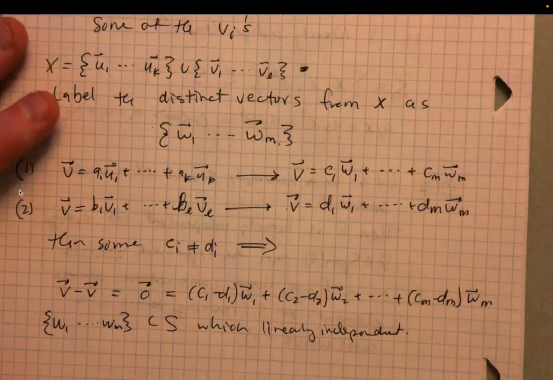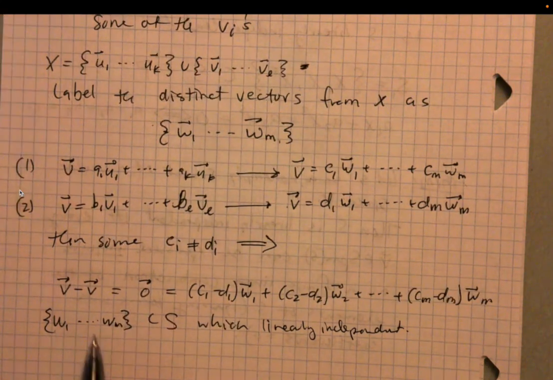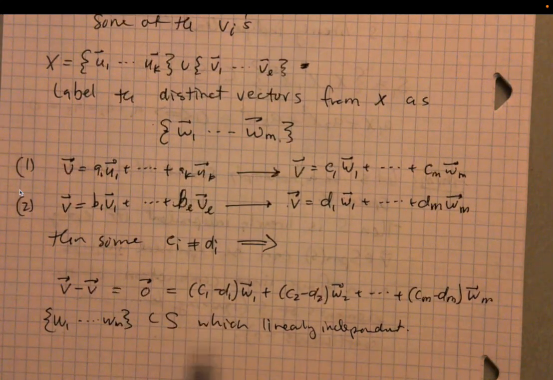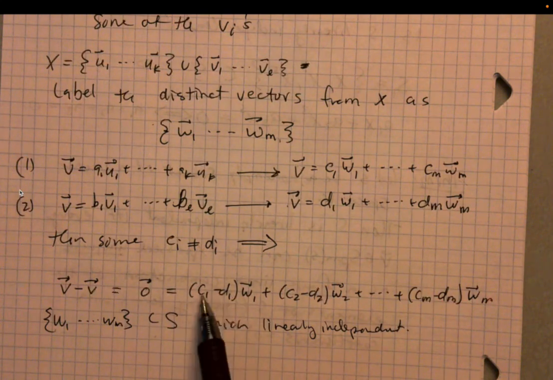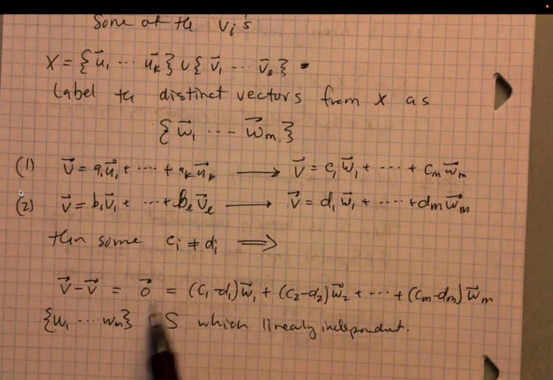What does it mean when you have a linearly independent set S and a finite subset of it? What does that imply for this homogeneous expression? Well, it means that all these coefficients have to equal 0.